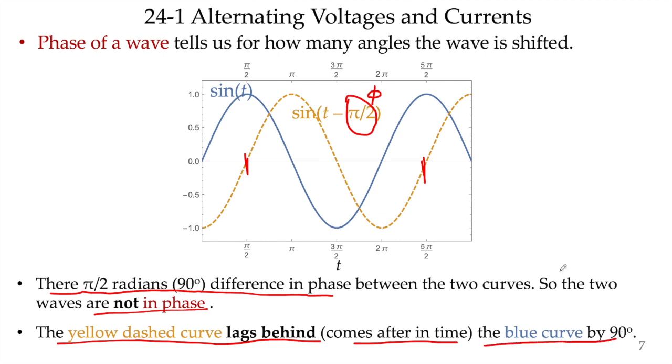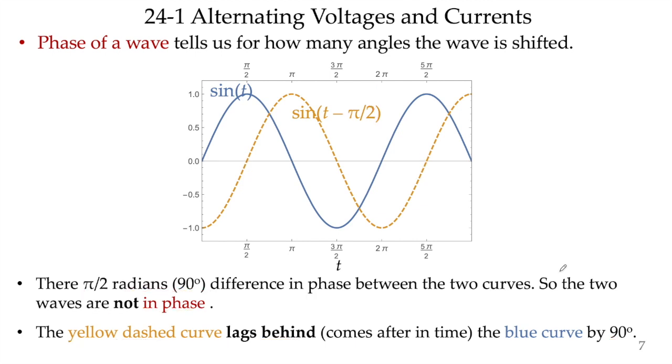Now what does it mean? Now look at the curves. You may be confused here because the yellow curve is actually forward, to the right. You may think that the blue is lagging behind the yellow, but now look at this. Which one becomes maximum, reaches the peak, first in time?